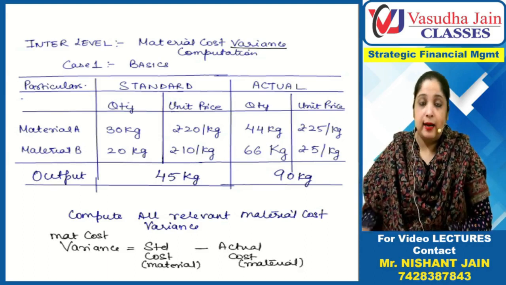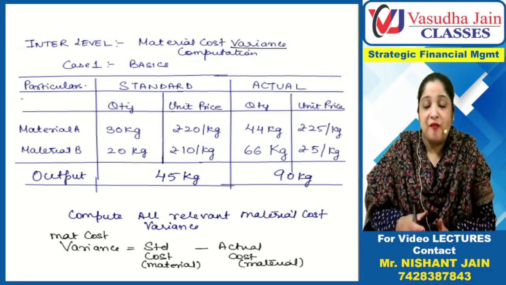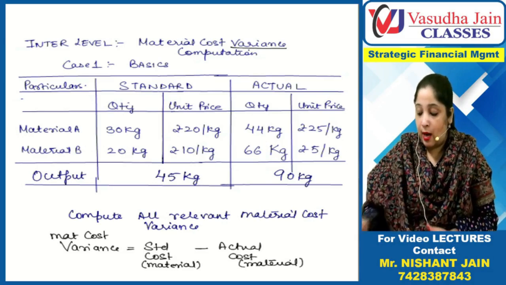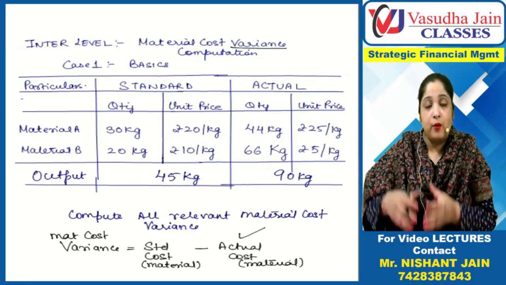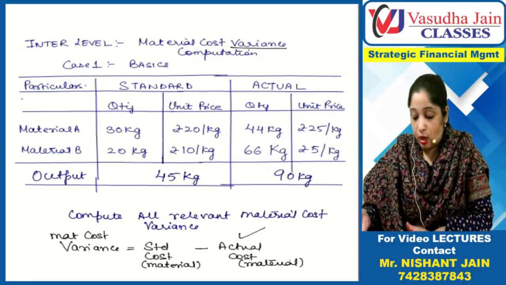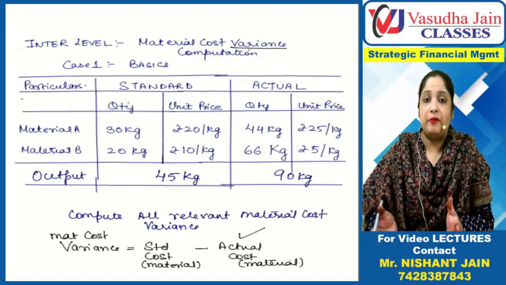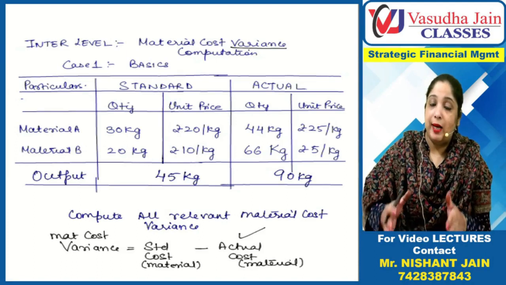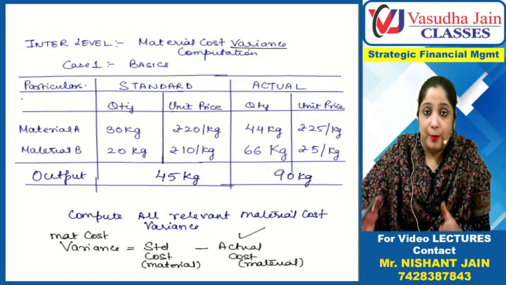What is the standard? The material cost which should have been incurred. And what is actual cost? What material cost has actually been incurred. So, should have and has incurred, that is the difference.